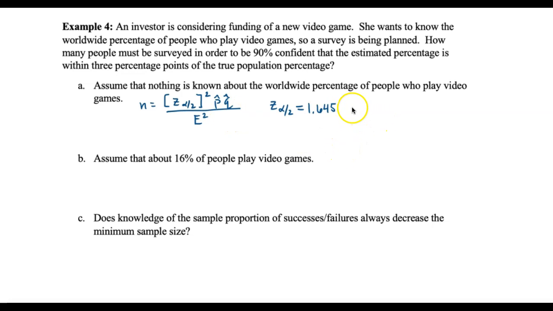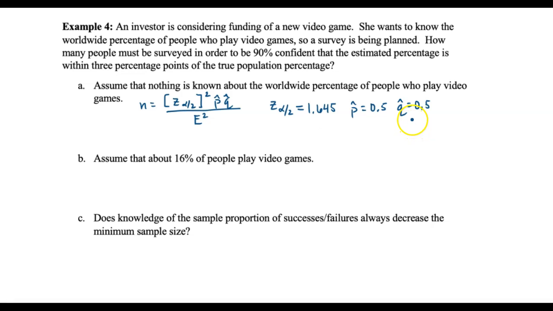Okay, we need our p hat, our proportion of successes. Now, this isn't in the problem, and we're to assume that nothing is known about the worldwide percentage of people who play video games. And so our p hat is going to be 0.5. Likewise, our q hat is also going to be 0.5. If we don't know this percentage, we're going to go with 1/2.